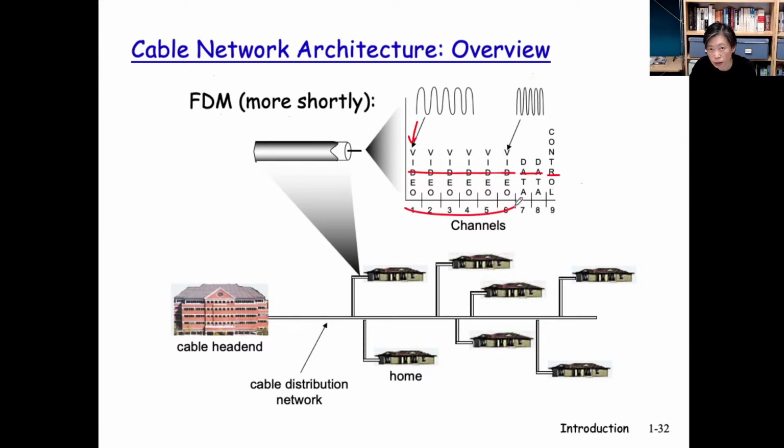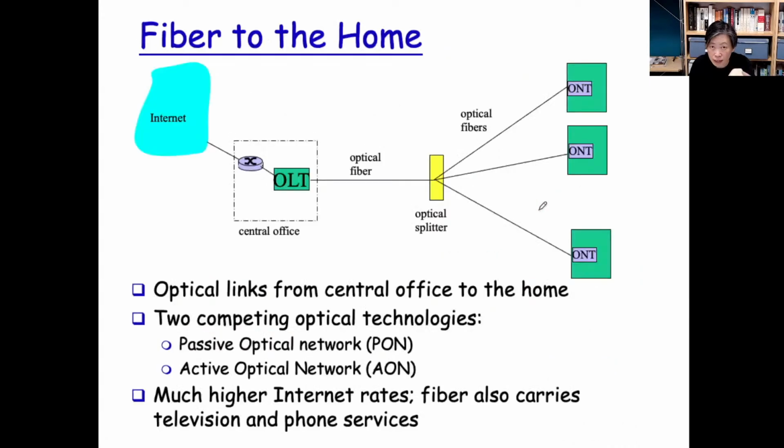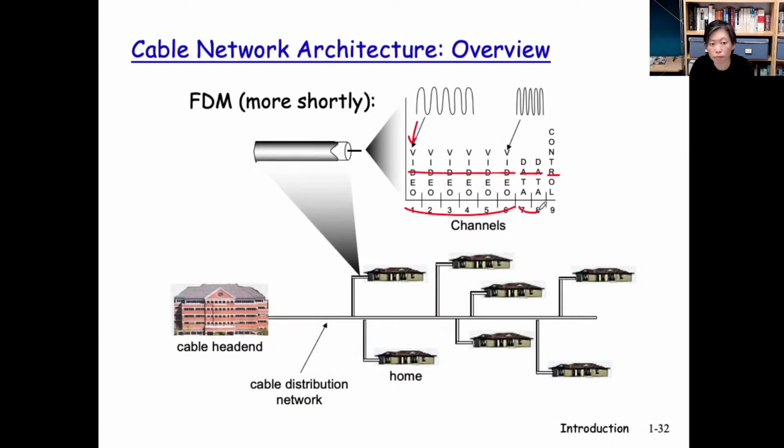Channels 1 to 6 are for videos, which are the TV programs. 7A, in this example, is for the internet data. And then these control messages, such as switching to a different channel, to a different TV program, are only just one subband. Right?